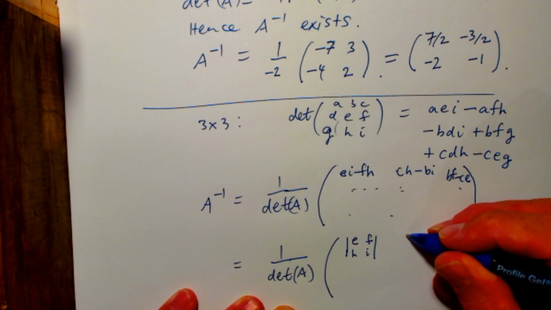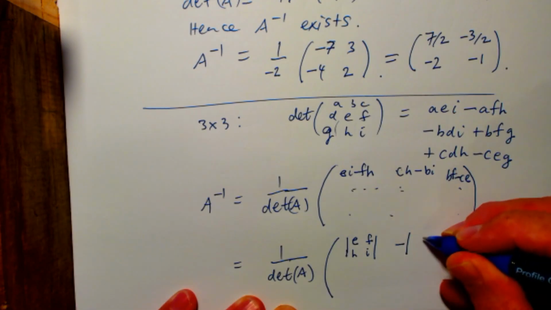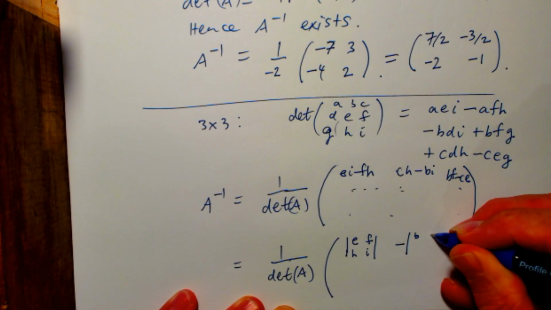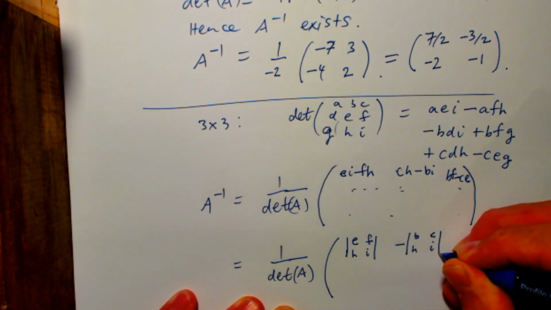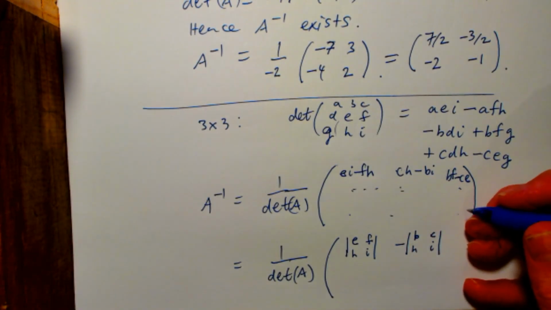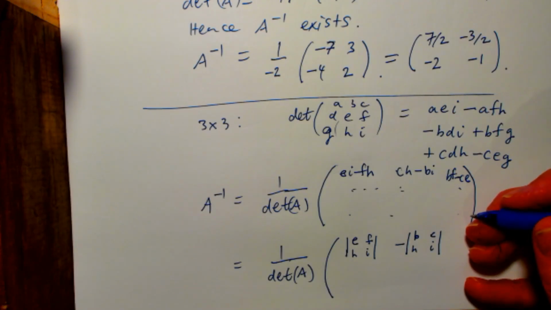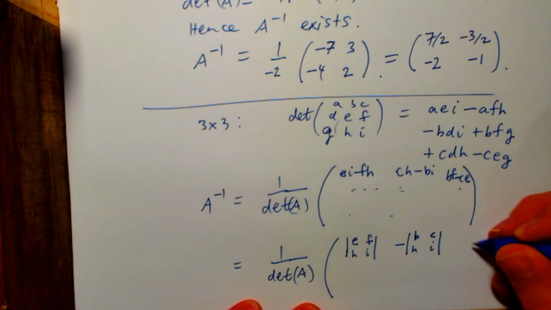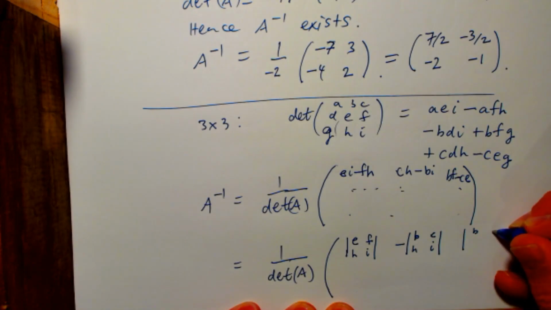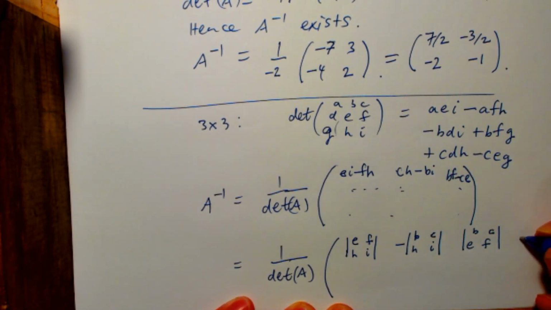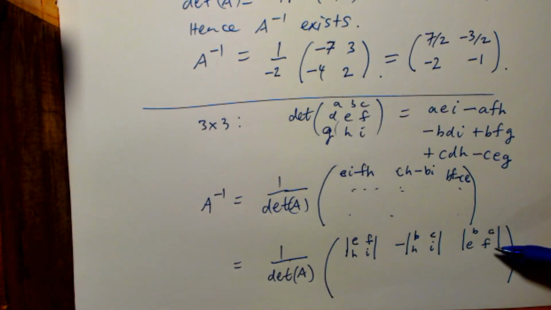So the determinant of, it's actually minus the determinant of B, C, H, I. Yes, okay, then next we've got the determinant B, C, E, F. So you can get these by crossing out certain rows and columns of the original matrix.